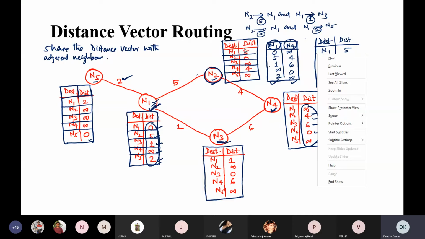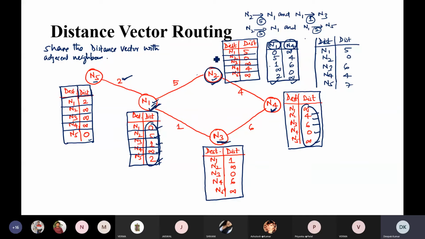Distance is 5 from the initial data available in this routing table. From the two packets received from N1 and N4, it was 0 and infinity. Infinity means nothing, undefined. And here it received 0, so it will add this 0 with 5. So 0 plus 5 will become 5.